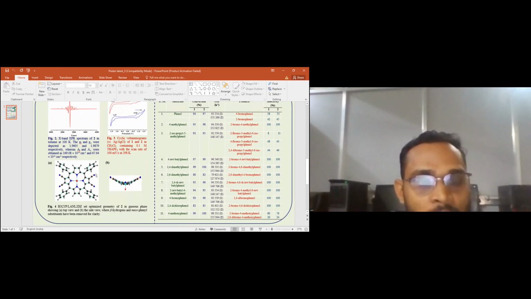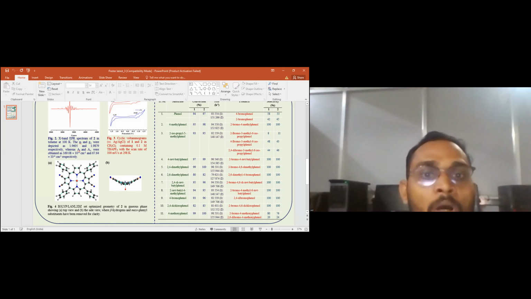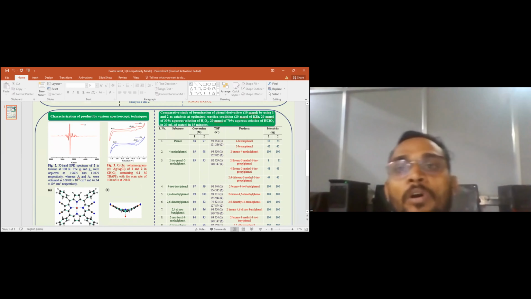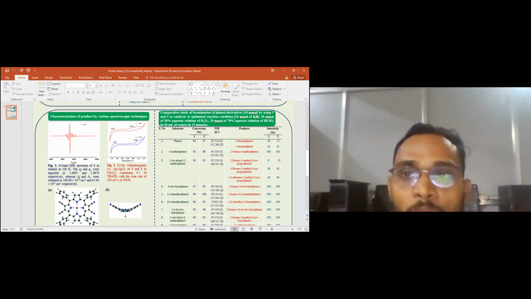We have also performed the DFT for the same complexes, and we can see that tetracyano has a saddle shape structure, having vanadium attached with one oxygen axially. We have also done the catalytic activity at the optimized condition, that is 20 millimole of KBr, 20 millimole of H2O2, and 20 millimole of aqueous solution of HClO4 in 20 ml of water.